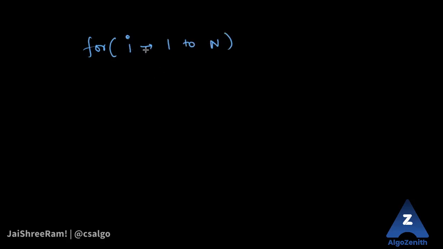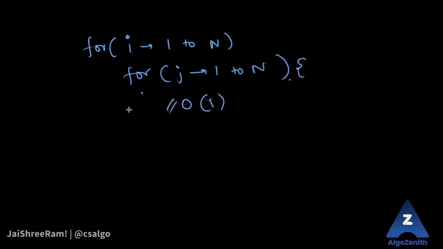So this is exactly for i equal to 1, i less than or equal to n, i plus plus, right? For j from 1 to n, okay, then there is some order 1 work that's being done over here, and this loop ends, this loop ends, and then again another loop starts.